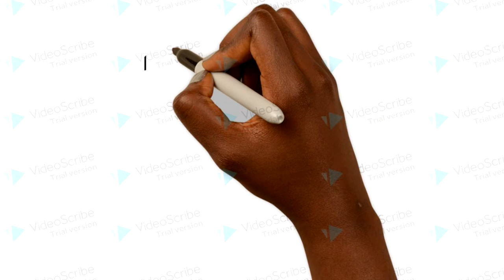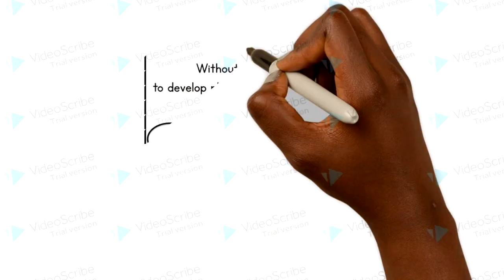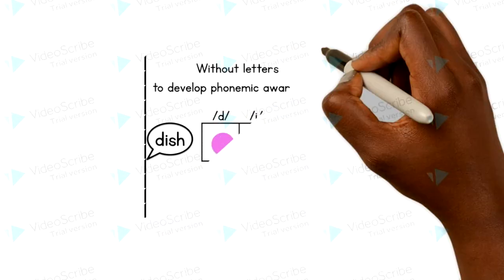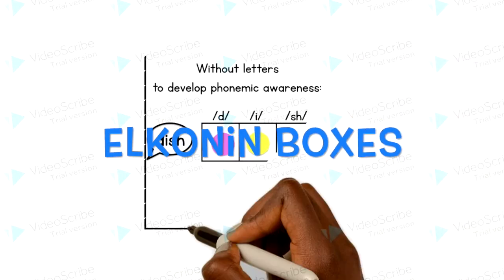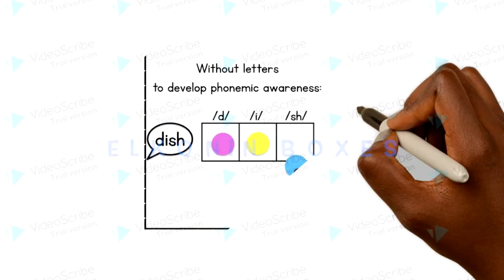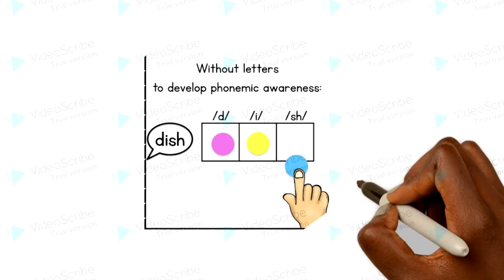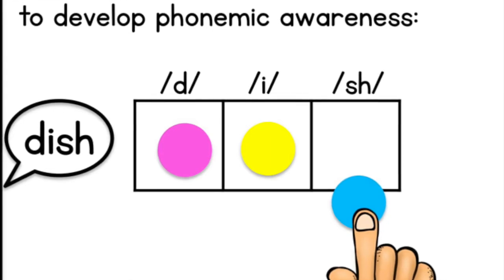To help a student build strong phonemic awareness, teachers can use Elkonin boxes. When a student has trouble hearing the sounds in words, this can prohibit them from moving forward in their literacy skills.